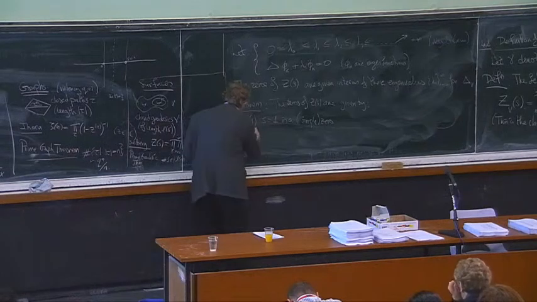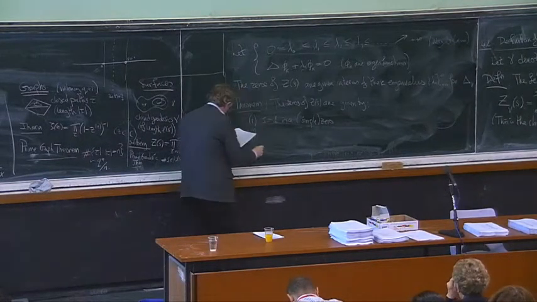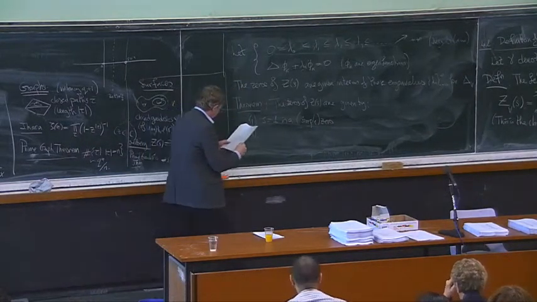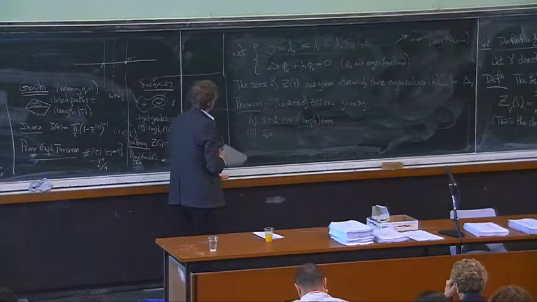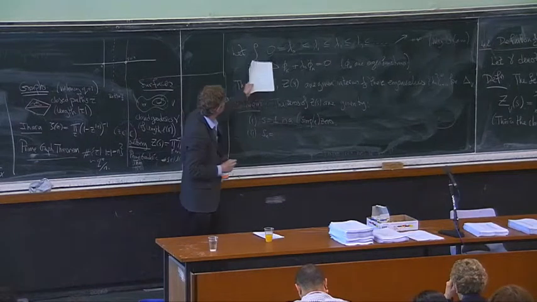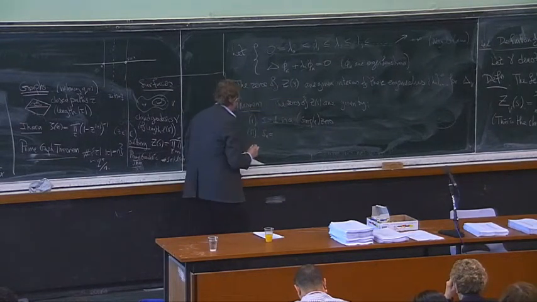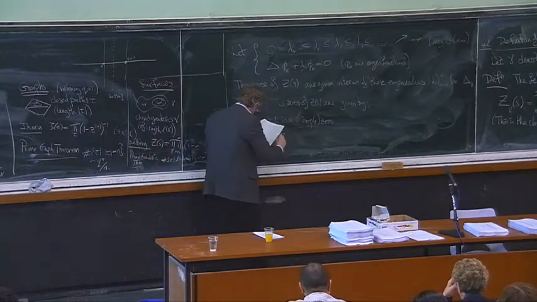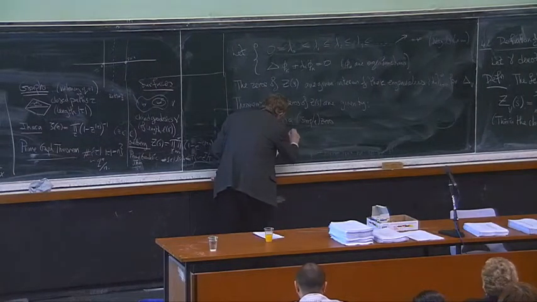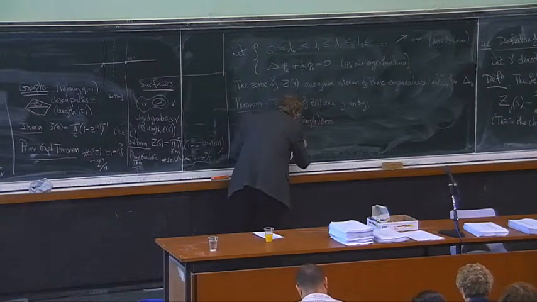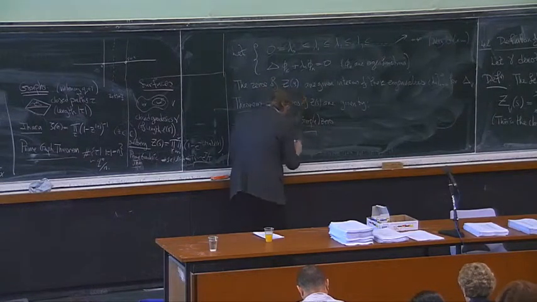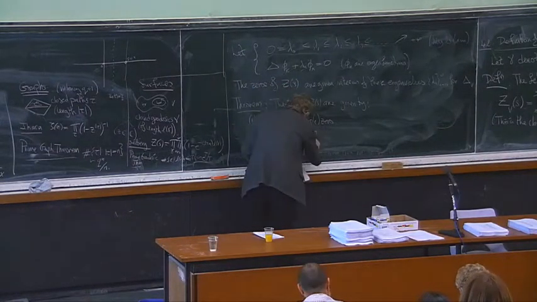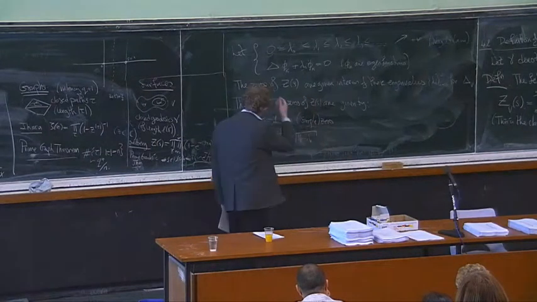The second class is there are countably many zeros corresponding to these countably many eigenvalues by the formula, which I think is 1/2 plus or minus i times the square root of 1/4, I'm not sure about the square root at the moment, minus lambda n.